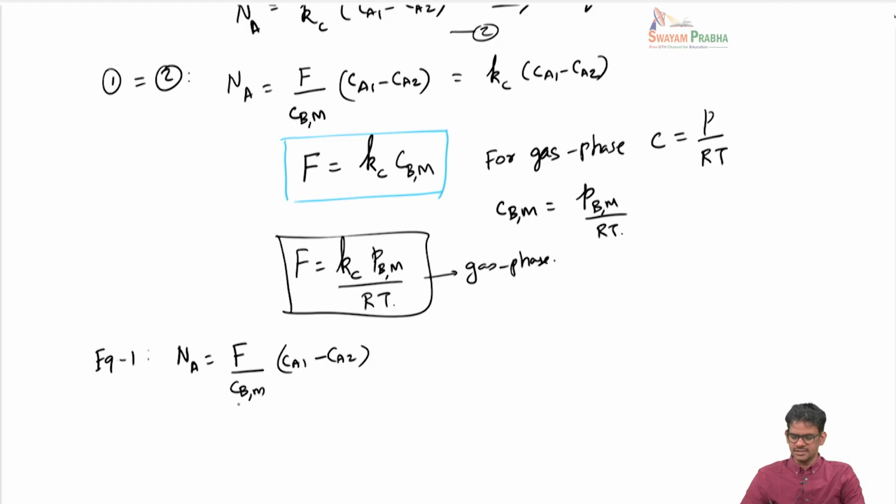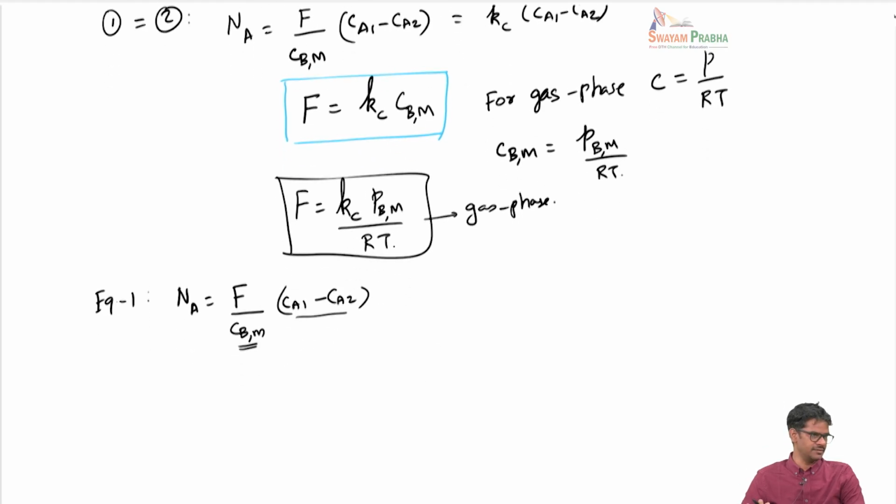You can see this CBM is also in concentration units. These are also in concentration units, so they cancel. So the units of F will be the same as the units of Na, which means F will be in moles per meter square second, or moles per unit area unit time. You can use other units of meter, second, and moles.